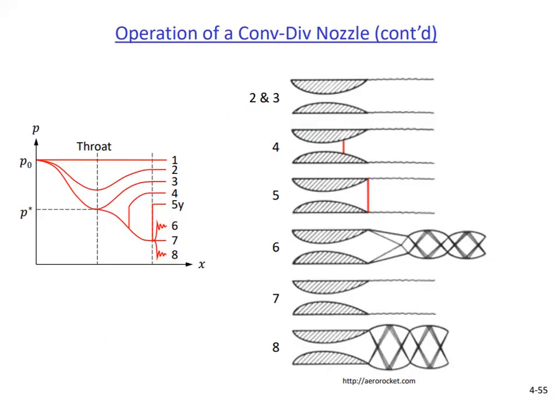This slide shows the behavior of the exiting jet. For cases other than 6 and 8, the cross-sectional area of the exiting jet is the same as that of the exit plane of the nozzle. Case 6 is the overexpansion case. Back pressure is higher than the design pressure of case 7, and the exiting jet is expanded too much.